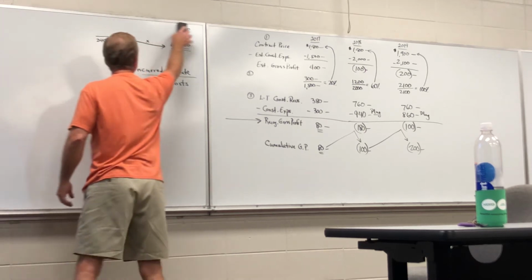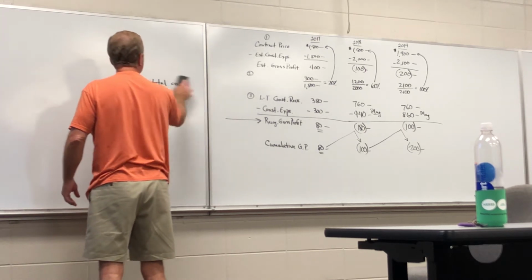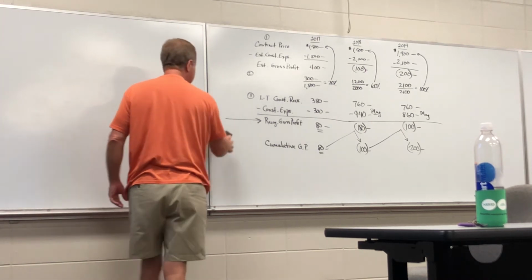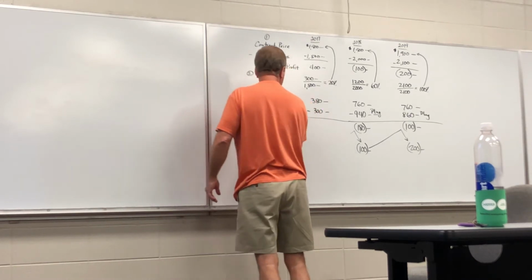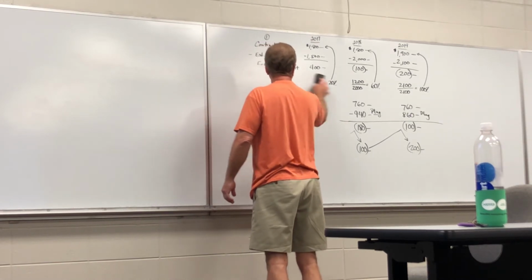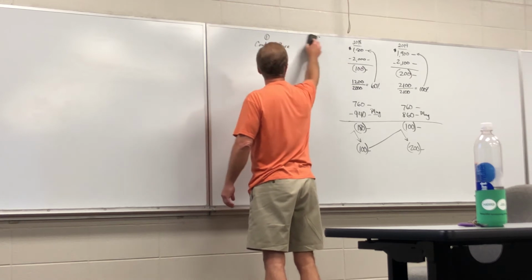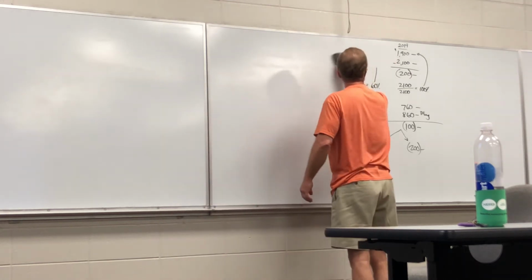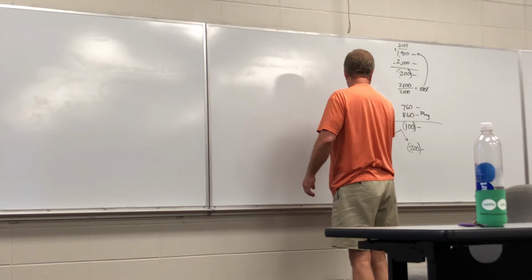So I don't know that I need to go through the whole permanent differences and temporary differences. Both of them exist. But we calculate deferred taxes for which? Temporary differences.